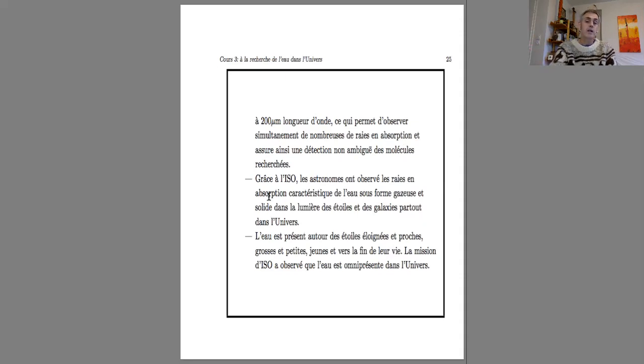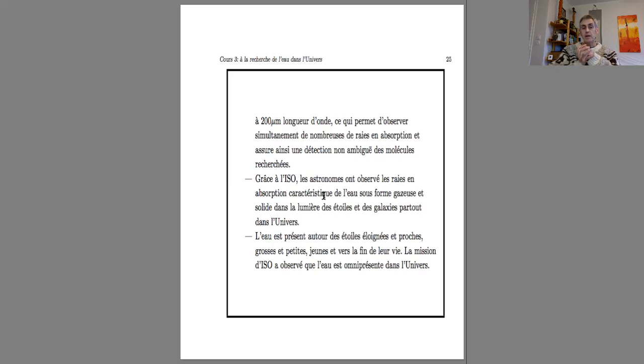So thanks to this satellite mission in the European Space Agency, astronomers were able to observe the spectral absorption lines characteristic of water, among other molecules, but water in the gaseous and solid state, in stars and galaxies, basically throughout the universe.